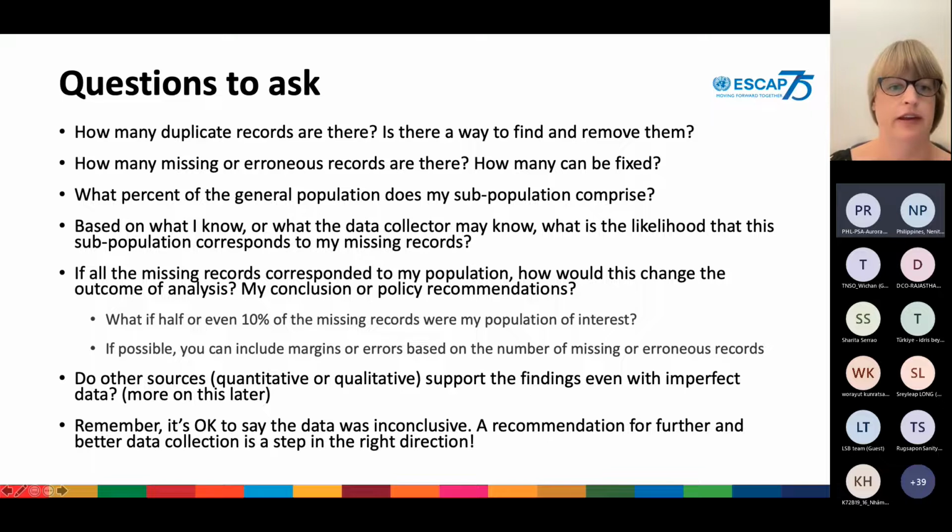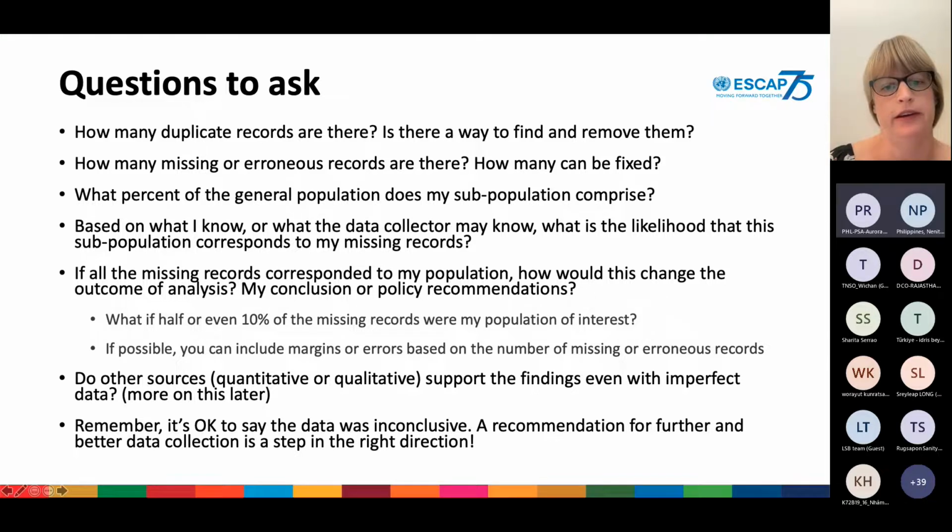You also want to understand how many missing or erroneous records there are and how many can be fixed. So perhaps there might be ways to impute or calculate the age variable like we mentioned before. Maybe there are ways around this that you can actually address, but you want to understand what you're looking at.